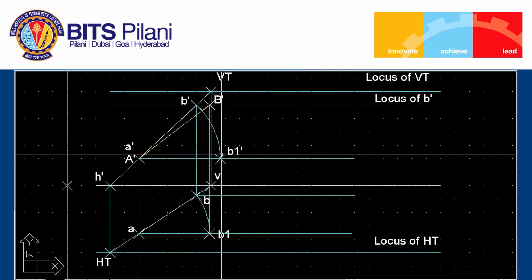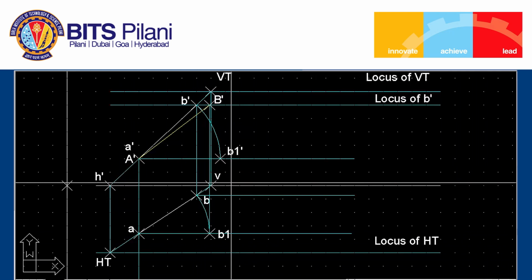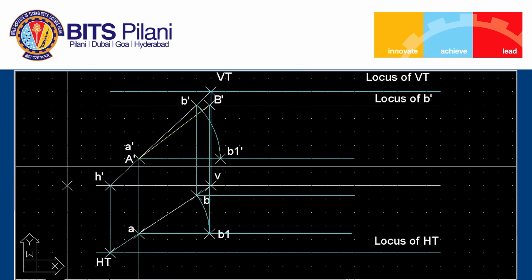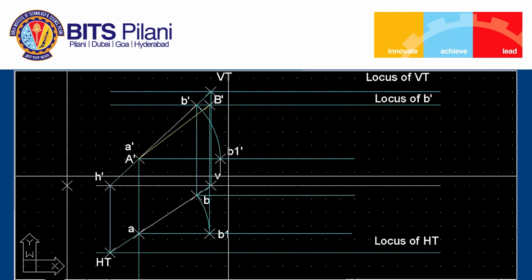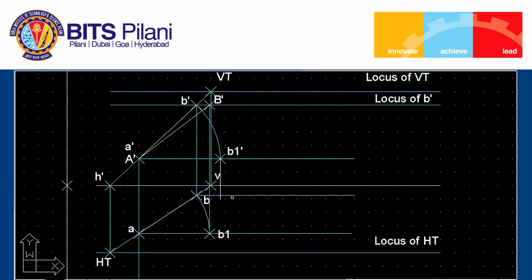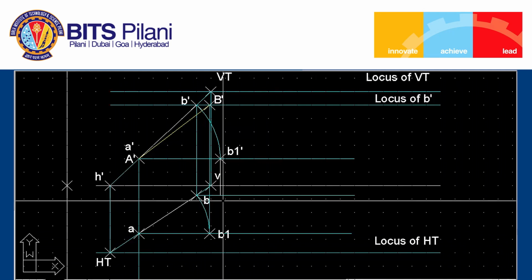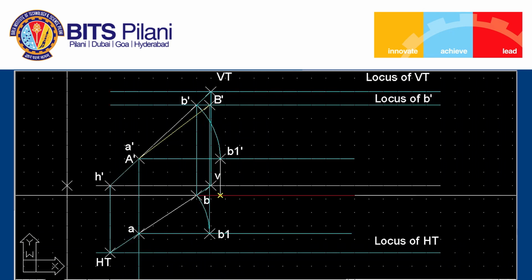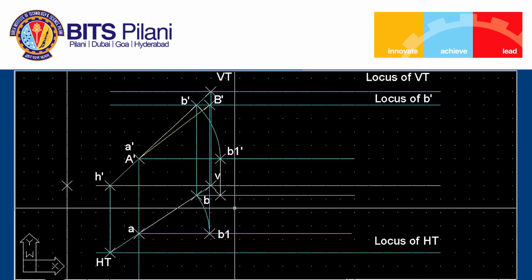Now project B1 prime on the locus of B. This is nothing but point capital B.